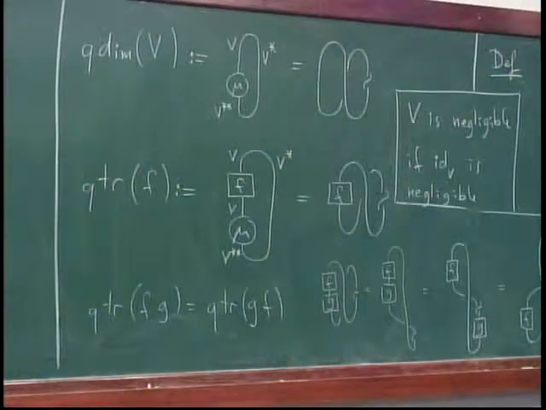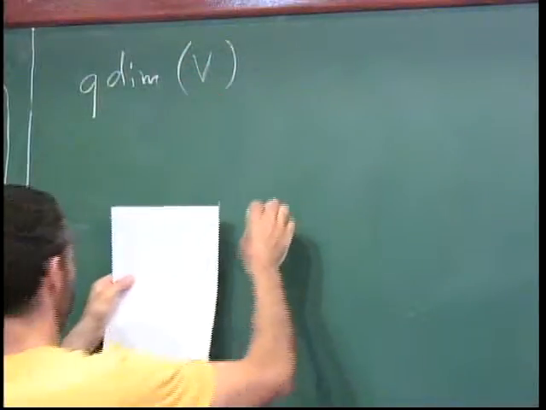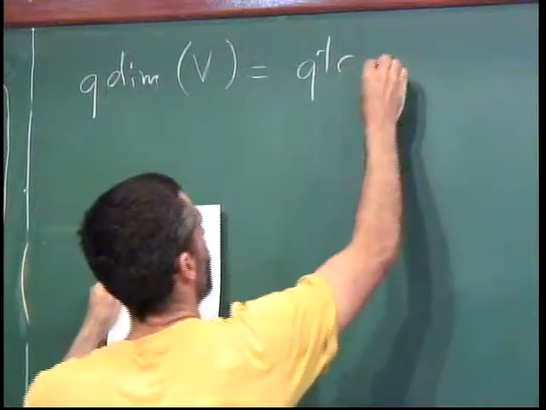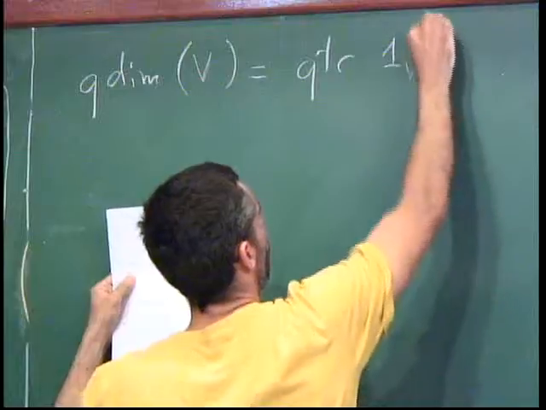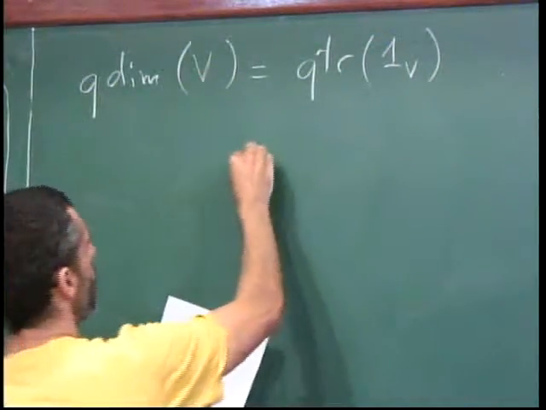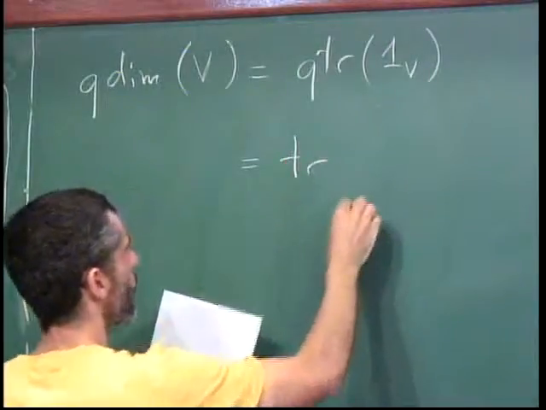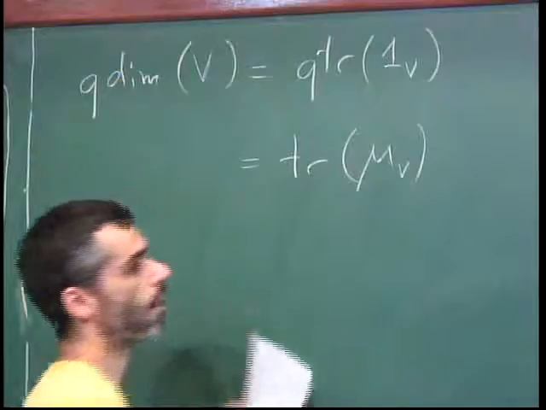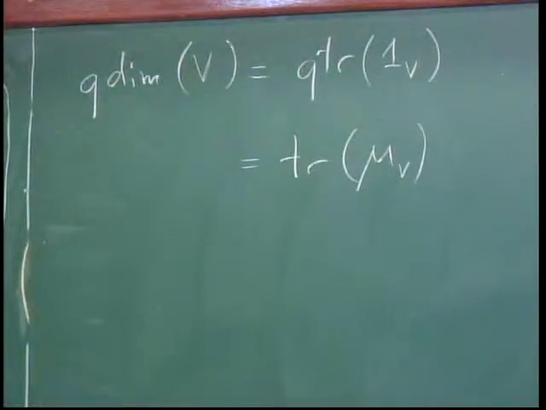First of all, the quantum dimension of a module V, which is, of course, the same thing as the quantum trace of the identity of V, is also equal to the usual trace of mu sub V, of the element that appears here.